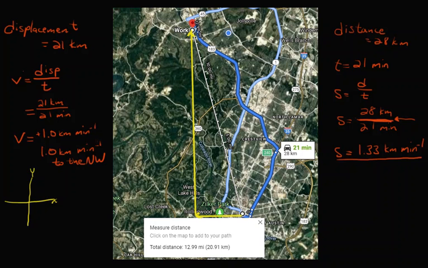Now, to go this direction, it's as if we drove straight west for a little bit, and then straight north for a little bit, we'd end up right at Westwood. So what this is, and those of you that are familiar with vectors understand, this is a vector because it's a direction to the northwest. And it has component vectors. It has an x component and a y component.